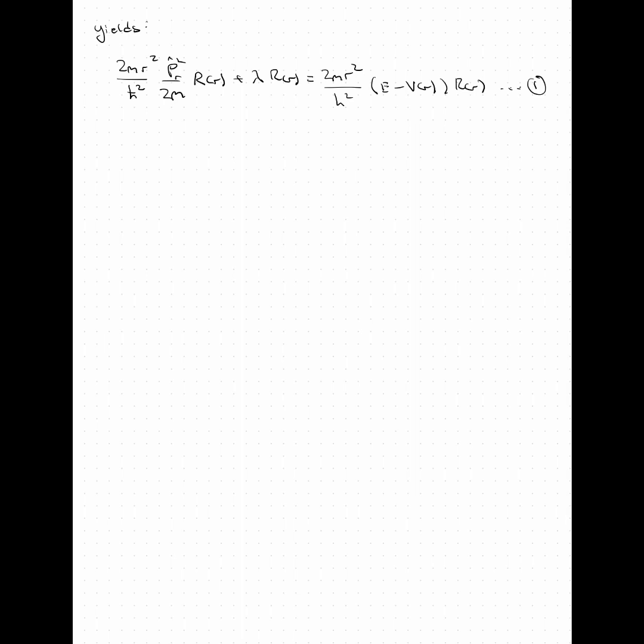This is dependent on just the radial component eigenfunctions. We have a second equation depending on the angular components, theta and phi. That goes like this.